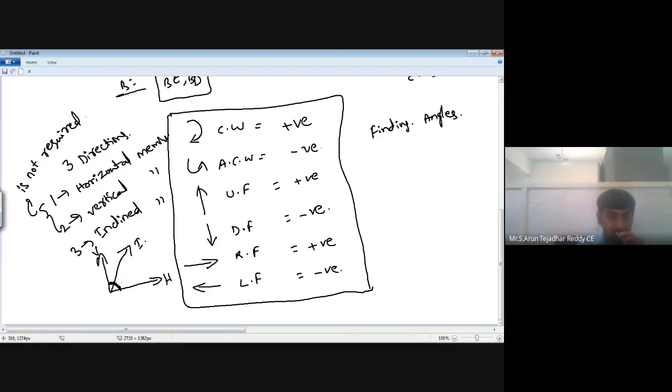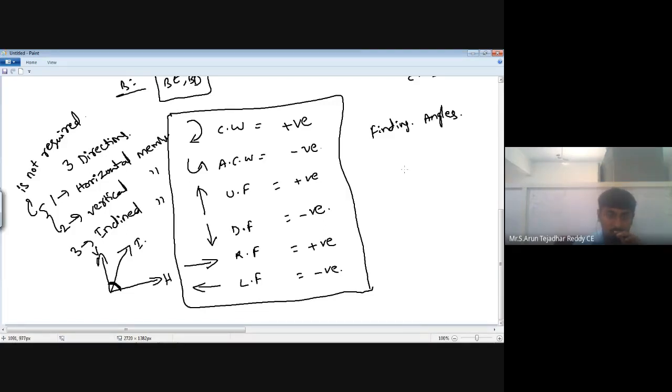Without angle, we can't do anything for finding the inclined members. All of you note this point. To find the inclined member, angle is a must. Without angle, we can't find the inclined member forces, but without angle, we can find the horizontal and vertical forces. No problem.